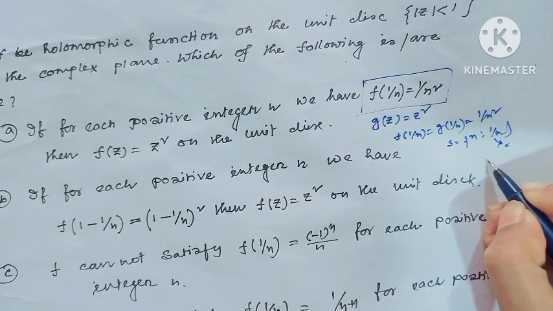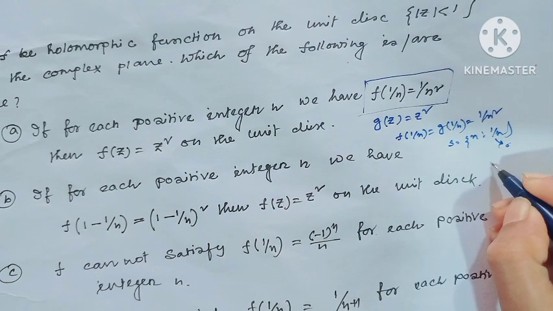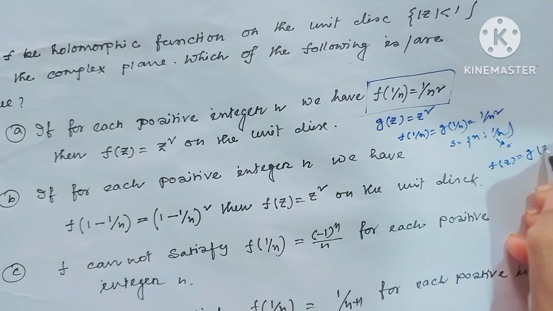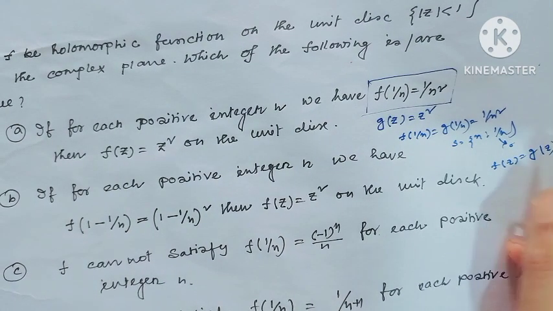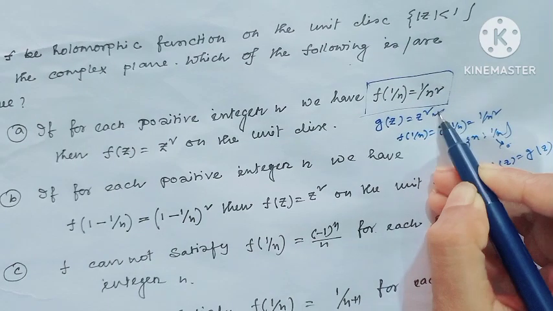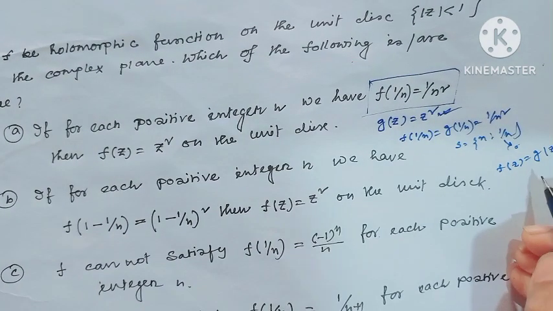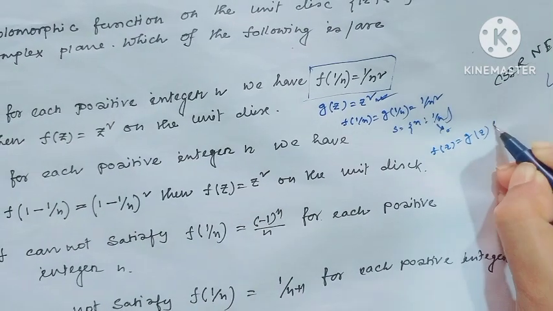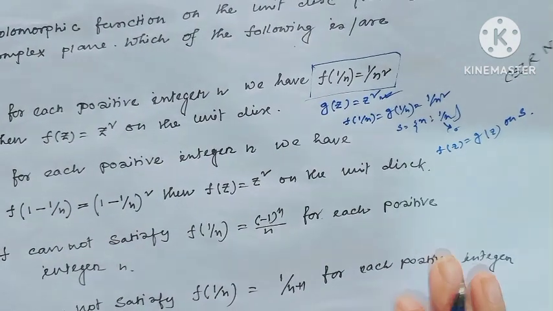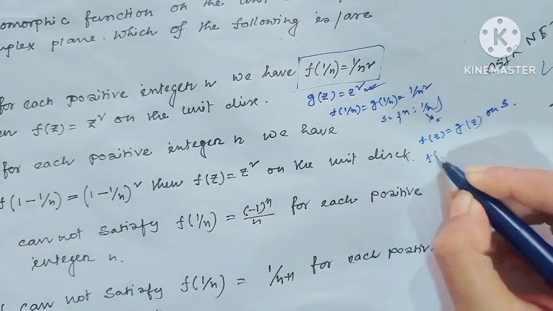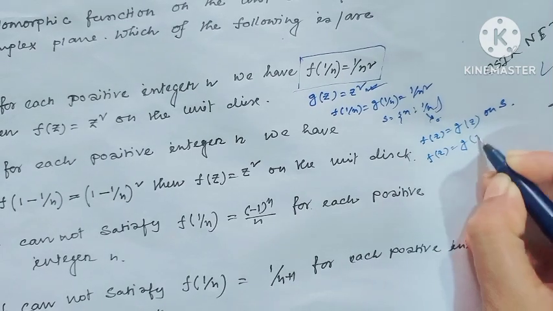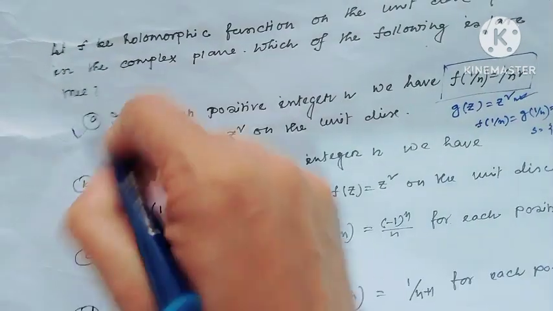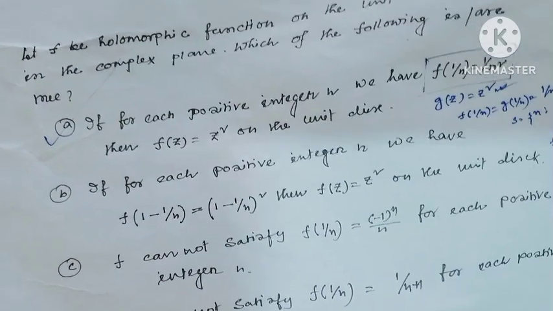So by the identity theorem we can tell f(z) equals g(z). And since I have considered g(z) equal to z², we can extend it, and this is true on the set S, f(z) equals g(z) on the whole complex plane. So option A is a right option.